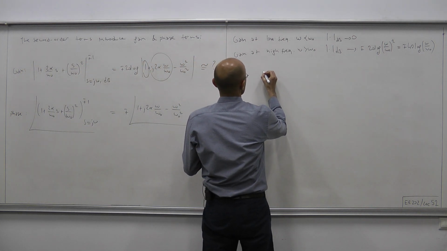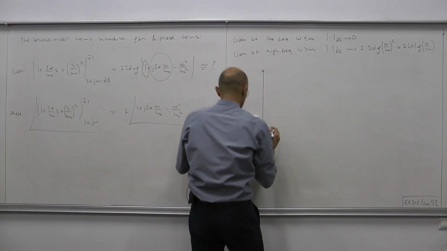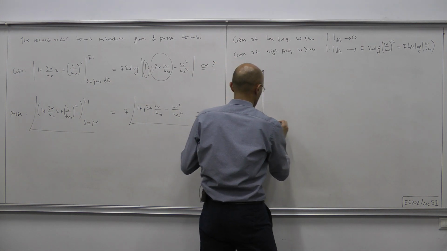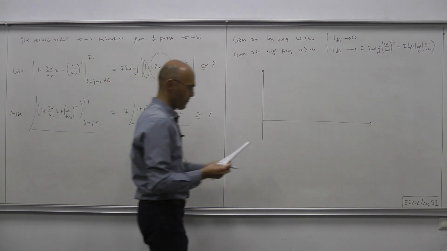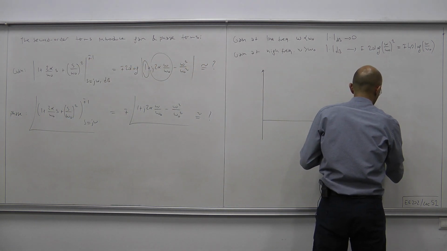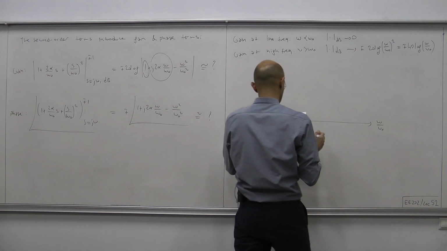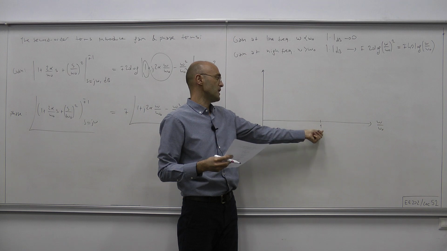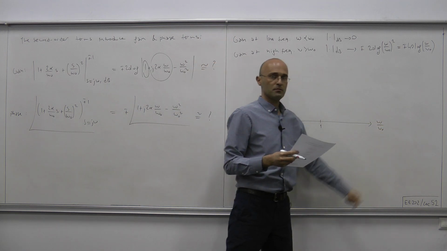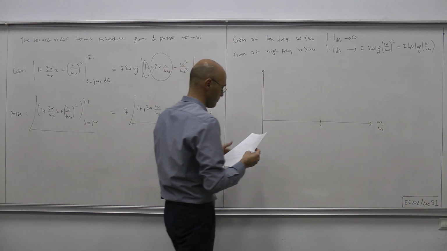So we have the following result: omega over omega 0. This is 1, so this represents the frequency at which omega equals omega 0.